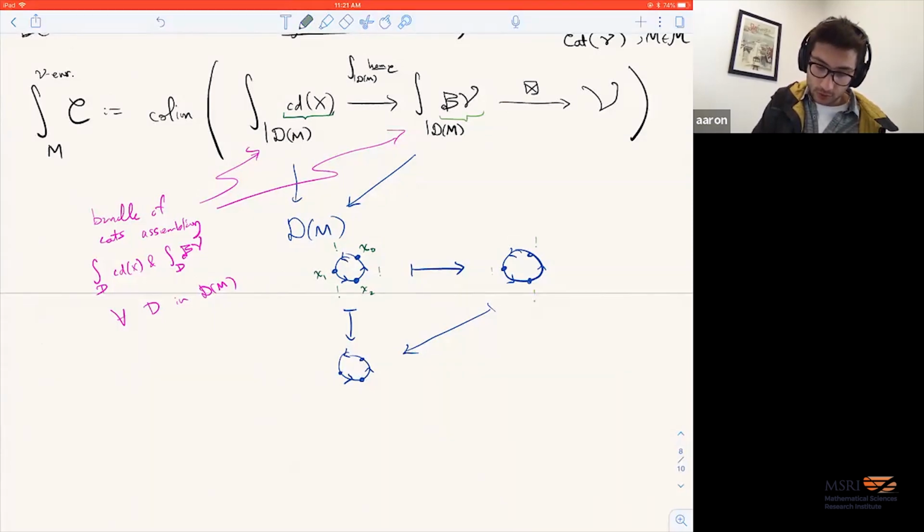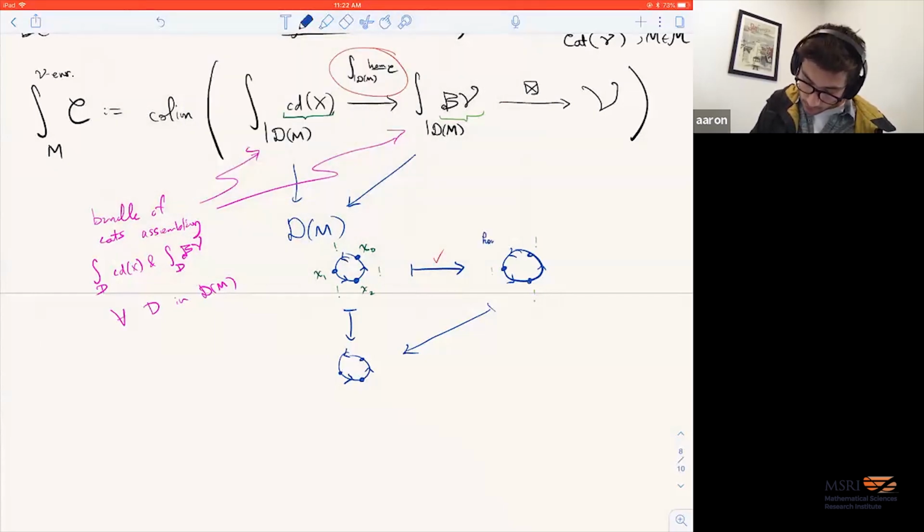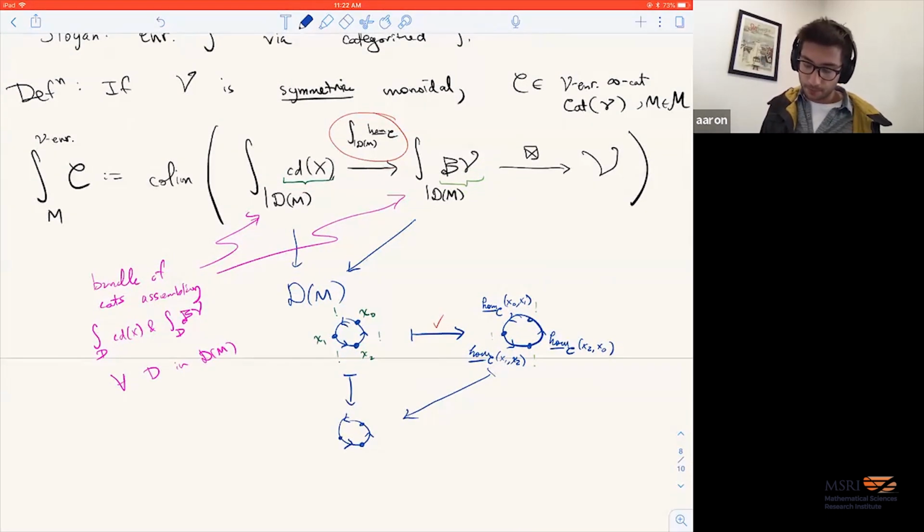This functor is induced by Homs in C. So I'm reading off the Hom from the source vertex to the target vertex: from X0 to X1, Homs in C from X1 to X2, and Homs in C from X2 to X0. So that's this red functor.